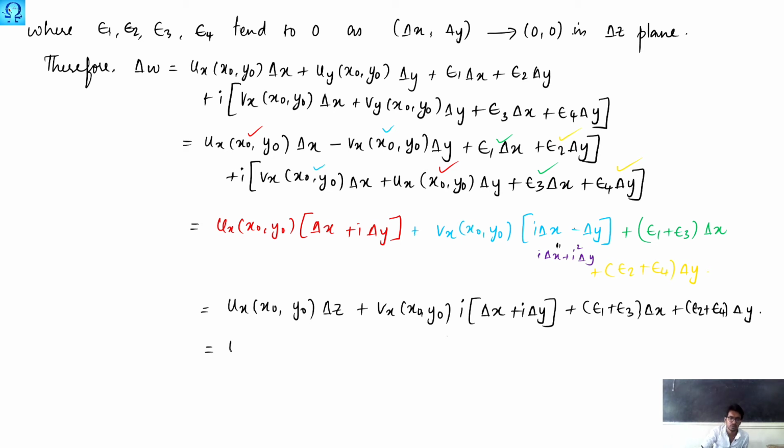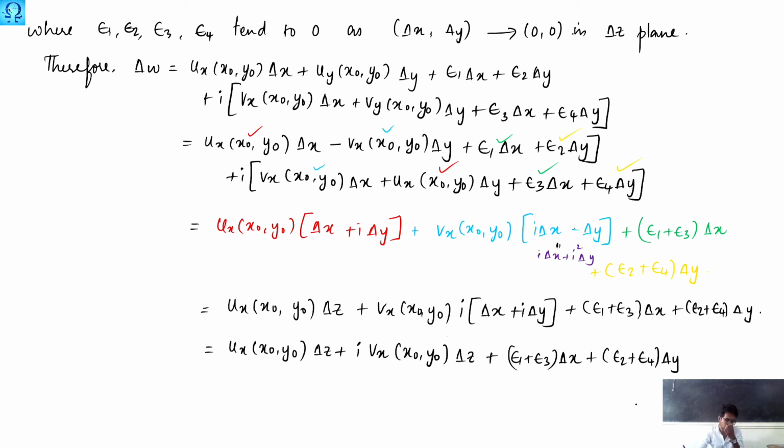Okay, now this is simply ux x naught y naught delta z plus iota times of vx x naught y naught delta z plus epsilon 1 plus epsilon 3 delta x plus epsilon 2 plus epsilon 4 delta y. Okay, now this is del w.